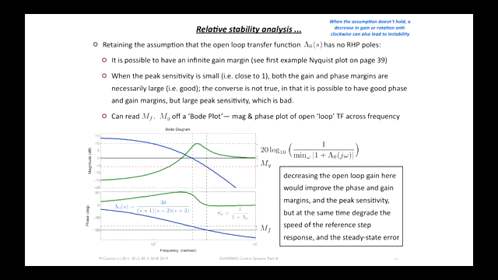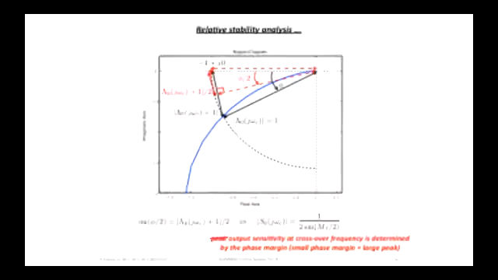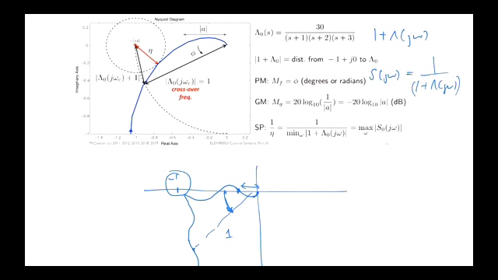So the phase margin can be read off the Bode plot by identifying that frequency where lambda crosses over, and looking at the phase of lambda relative to minus 180 degrees. All right? And we're looking for there to be a positive phase margin. Okay? We're looking for this to be above minus 180. It's like having this positive angle here. All right?